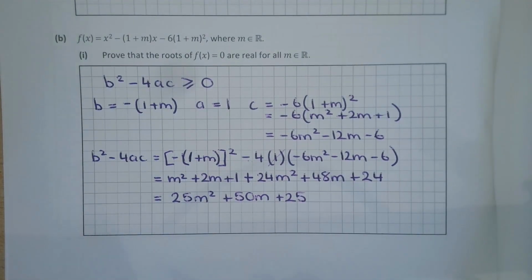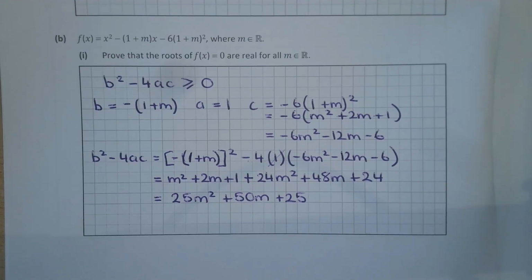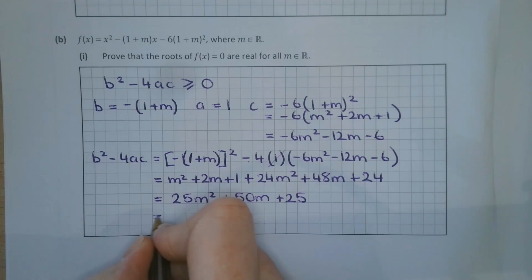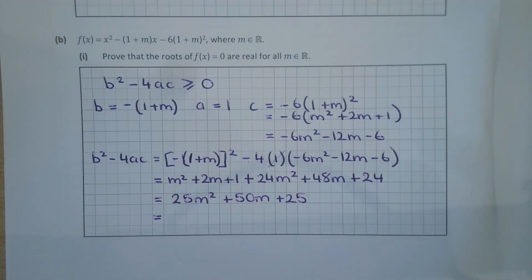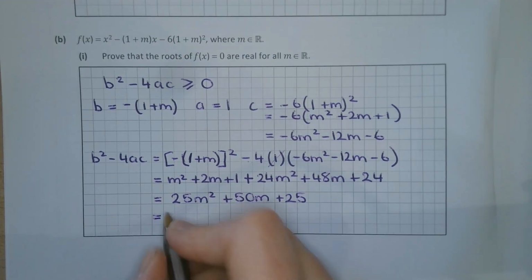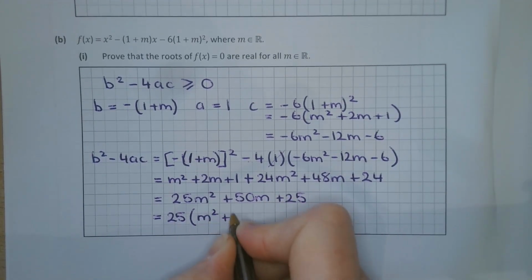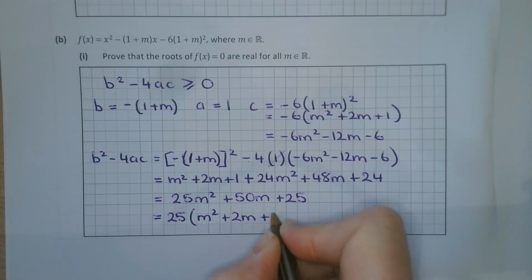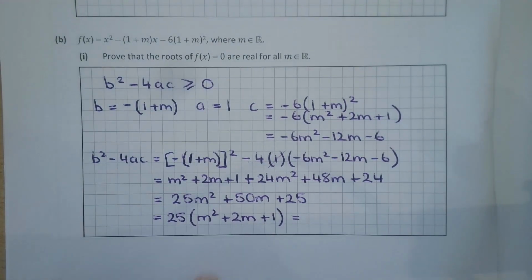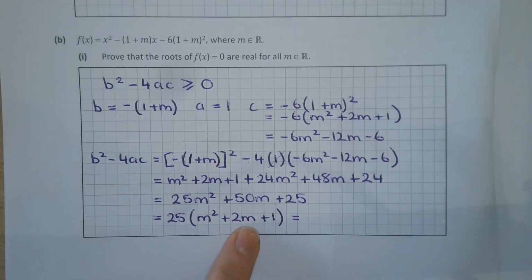So that's our discriminant. And we have to be able to say that that is positive, basically, greater than or equal to 0. Well, if it's positive, can I factorize in any way? Can I show that it's positive? I can take a 25 out here, and I'm left with m squared plus 2m plus 1. And I can actually factorize that as well.